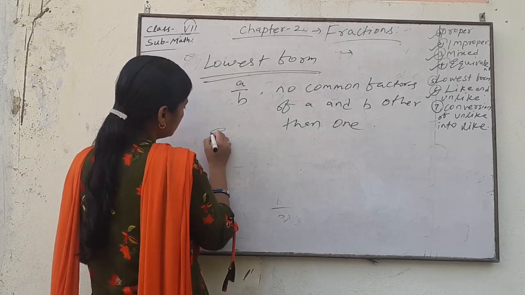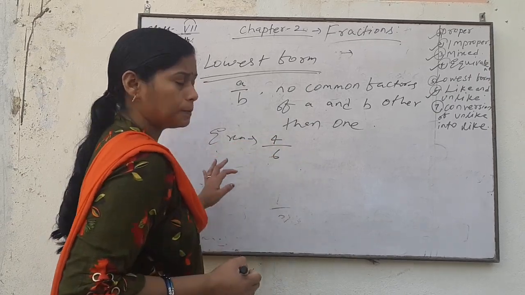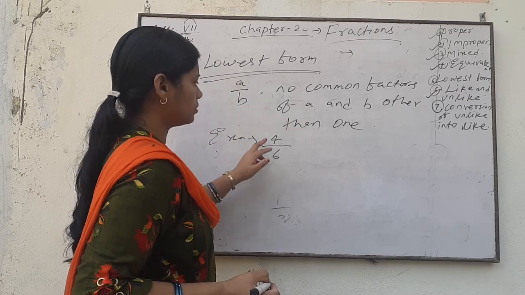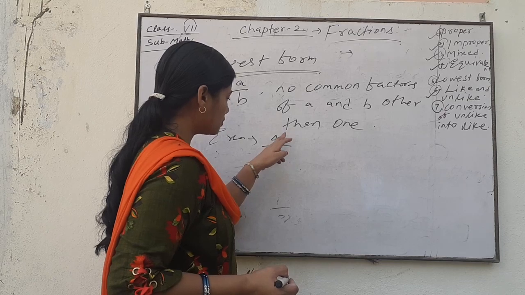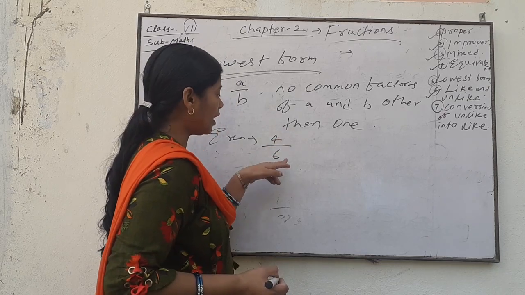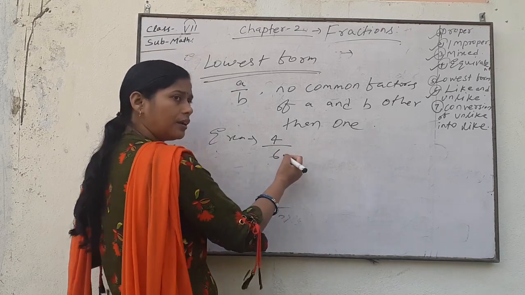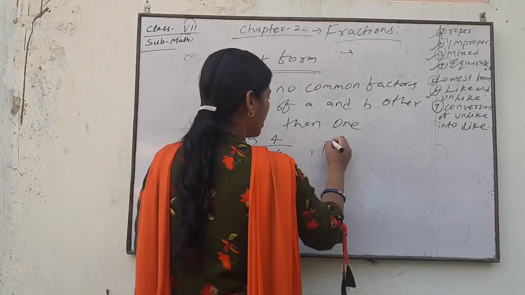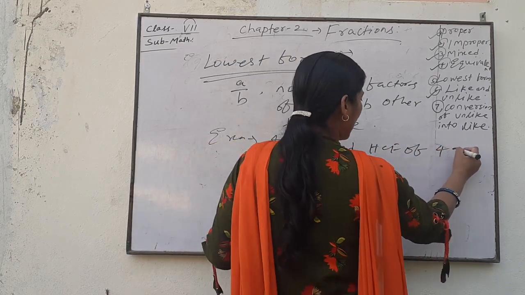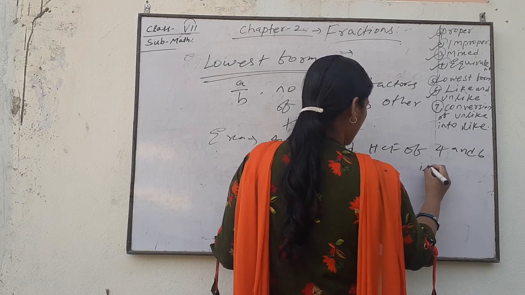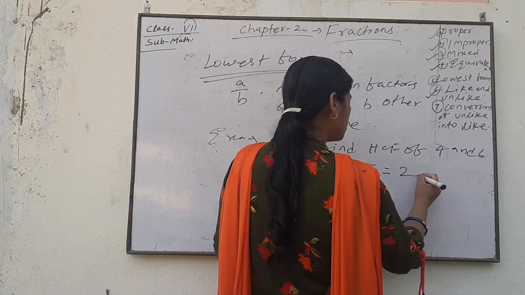Suppose that your number is 4 by 6. Now how to convert it into lowest form? First you find the HCF of 4 and 6, then divide the numerator and denominator by the HCF. Here the HCF is 2.